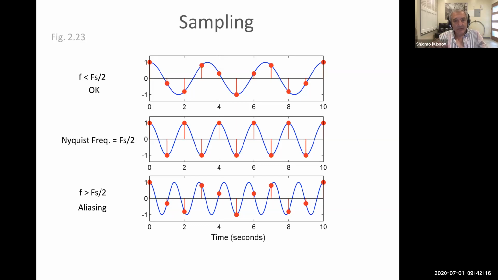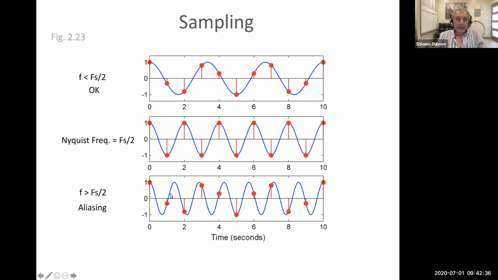Usually the energy of the signal goes down with frequency, but nevertheless, if you go back to the example of the 8 kilohertz sampling rate, or the 4 kilohertz Nyquist frequency, your audio signal might have something which is higher than 4,000. Let's say you have a signal at 5,000 hertz. What happens to it? So this is the last graph.